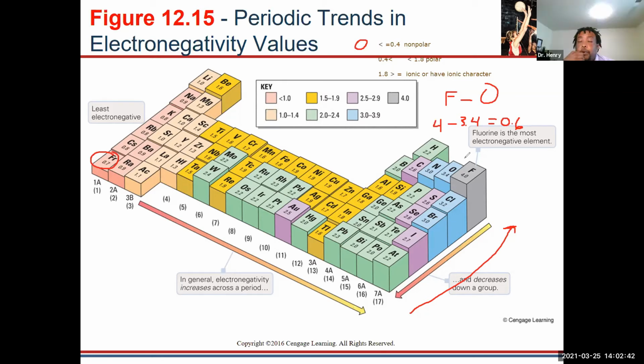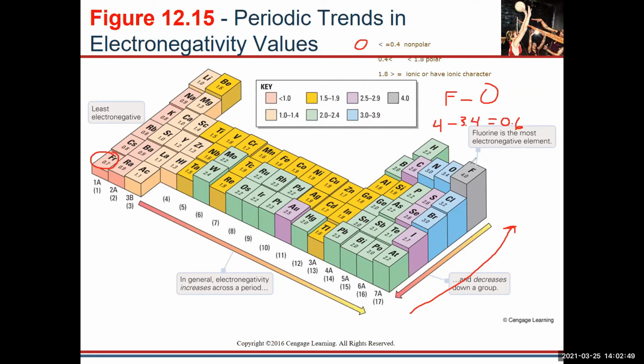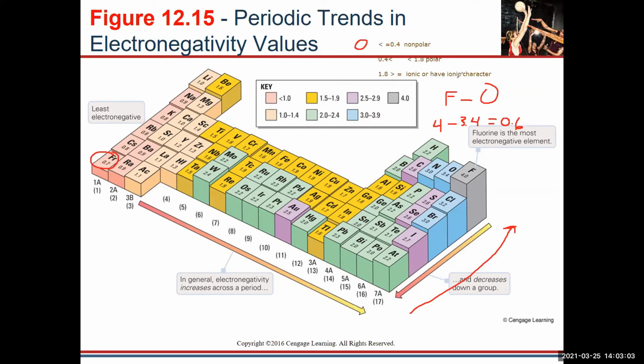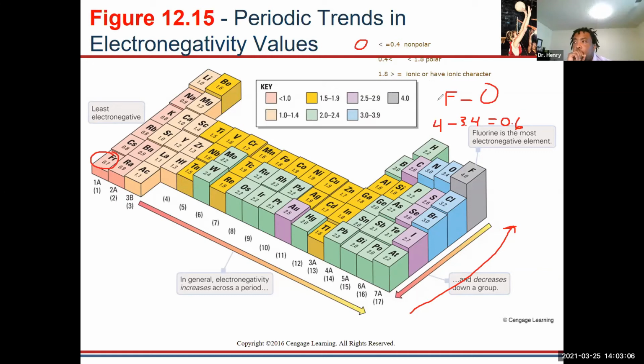You mean 0.6? 4 minus 3.4 is 0.6. Oh, yeah. Okay, so where does that lie? Is that going to be polar, nonpolar, or have ionic character? It's going to be polar. So we know that it's polar, and it's going to be favoring fluorine because fluorine is more electronegative than oxygen. Does that make sense?